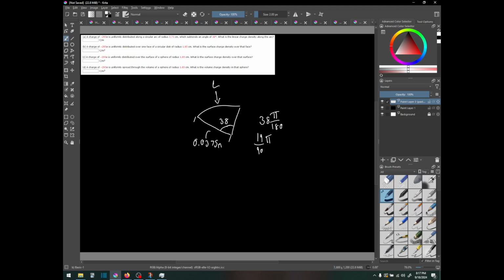With this all known, we can just say that L equals 0.0375 times 19 pi over 90, and then we can erase this because we're going to need this room this time.